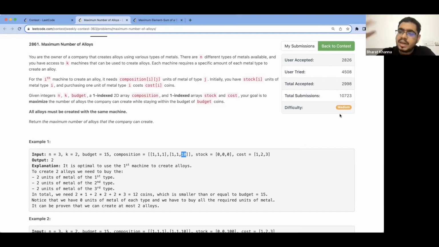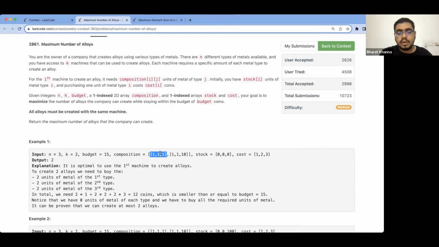Okay. Similarly, if I ask you, if we want to create 3 units of the first alloy type, then how much would we need of different metals? Using the first machine, not the second machine. Using the first machine, so 3, 3, 3. Okay. This much is clear?